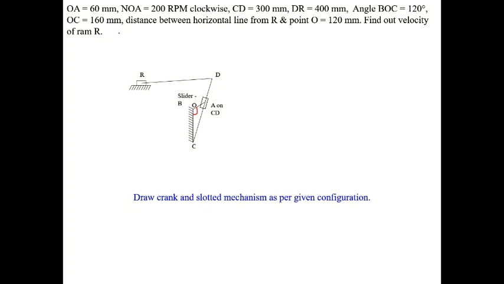Then what else is given? The distance between the horizontal line from R and point O is 120 mm. If you draw a horizontal line from R and a horizontal line from O, this distance is 120 mm.